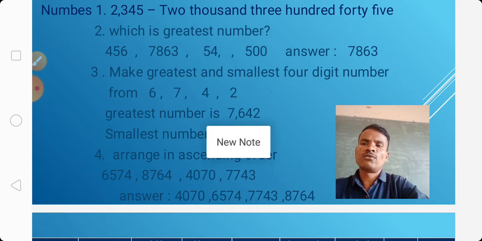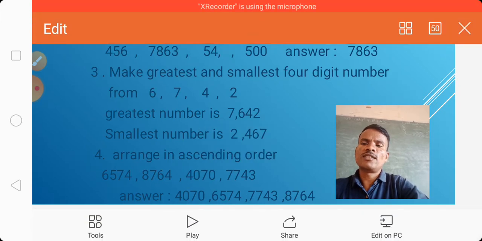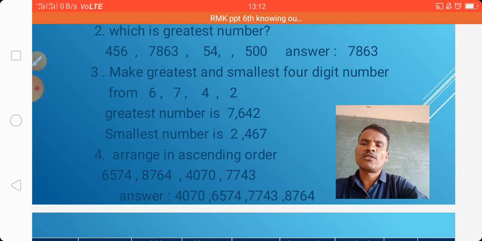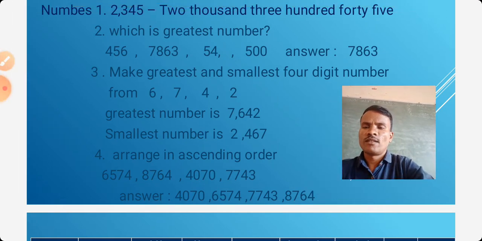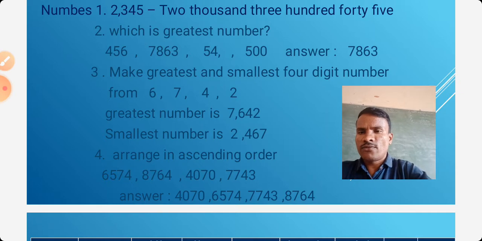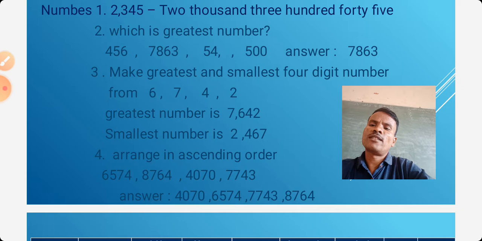Next, the fourth one: arrange in ascending order. We have to arrange the given numbers in ascending order. Students, you know, ascending order means first we take the smallest number from the given numbers. The 4 numbers are 6574, 8764, 4070, 7743.